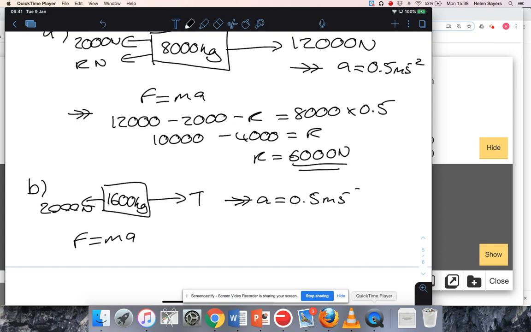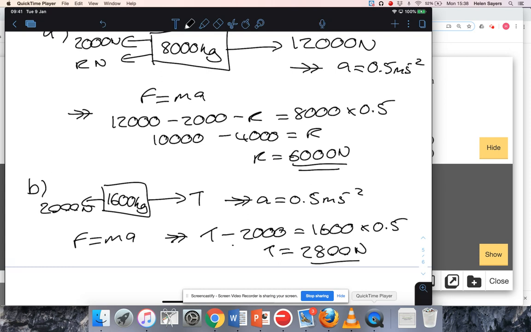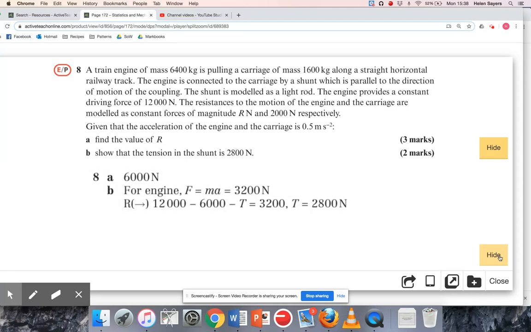So if I use F equals ma, taking right as positive, that's T minus 2,000 is mass times acceleration. So that's going to be T equals 800, and then plus that 2,000. So T is going to be 2,800 newtons. And I could double check by looking at the train engine and checking that works. Let's just check those answers. Lovely.